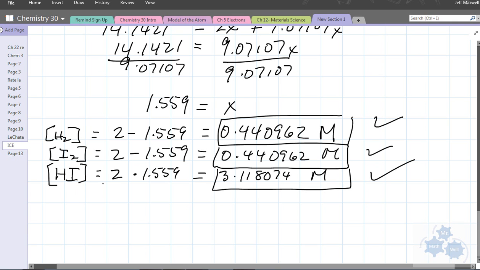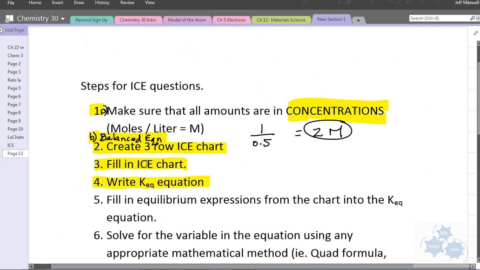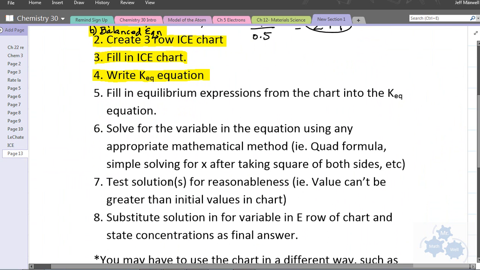Oh yeah, the steps. Let's go back to the steps. We didn't keep up with the steps while we were doing it, that's right. So let's see what we did. Wrote the K equation. Then fill in equilibrium expressions into the chart, from the chart into the KEQ equation. We took the expressions from the third row and put them into the KEQ equation.